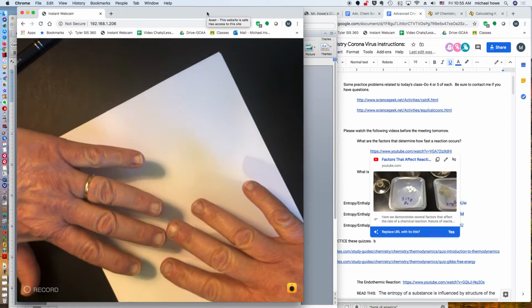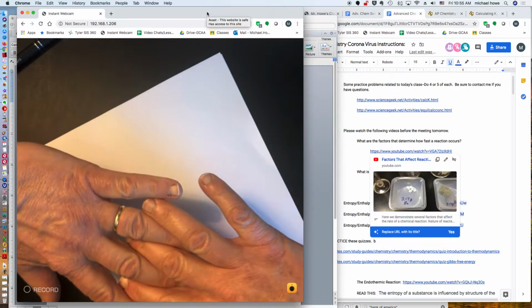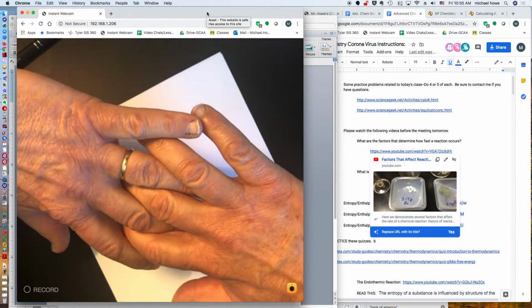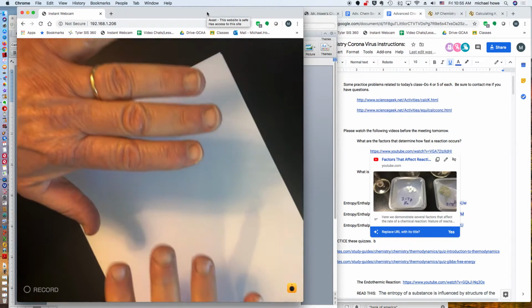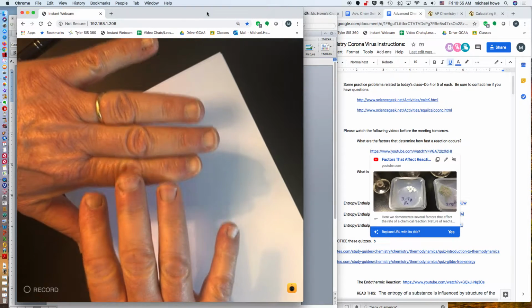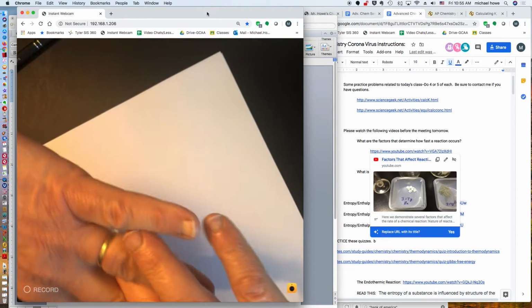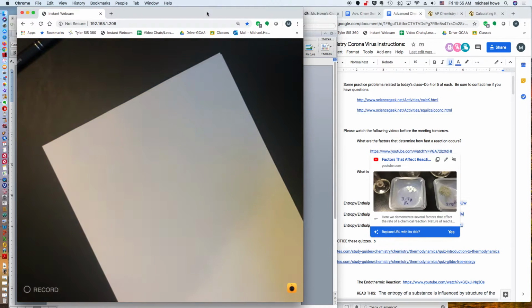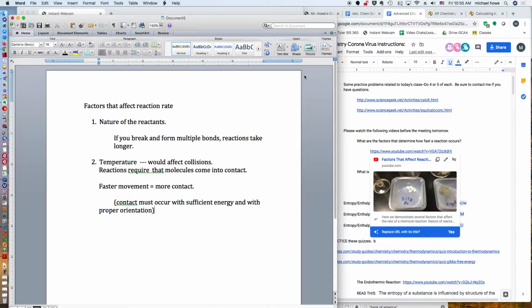So if a chemical reaction involves two molecules coming together so they fit together like that, then that would work. But if the molecules are oriented like this, then the reaction wouldn't occur because they aren't oriented properly to slide together. So the chemical reaction has to have energy to collide, and they have to be oriented properly.